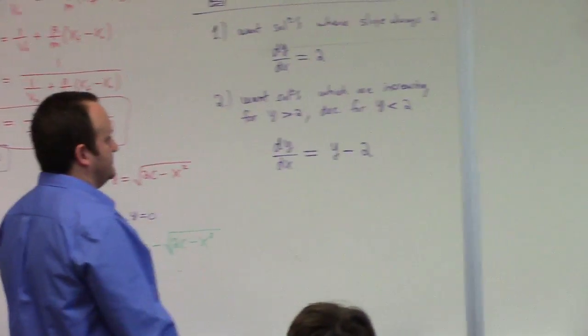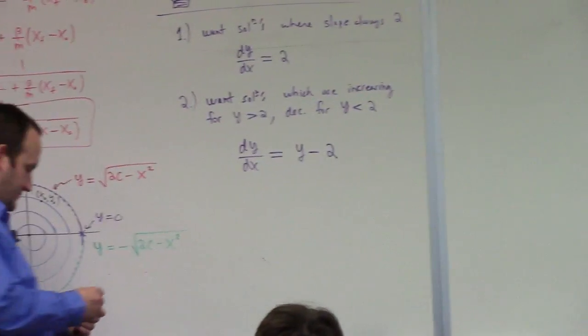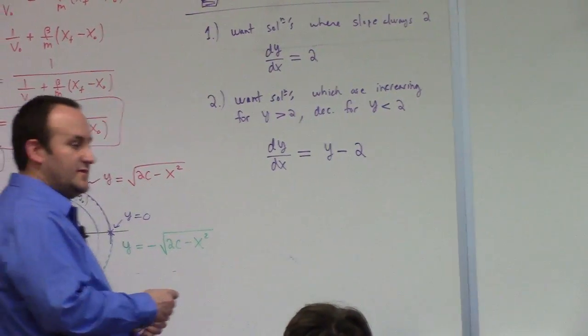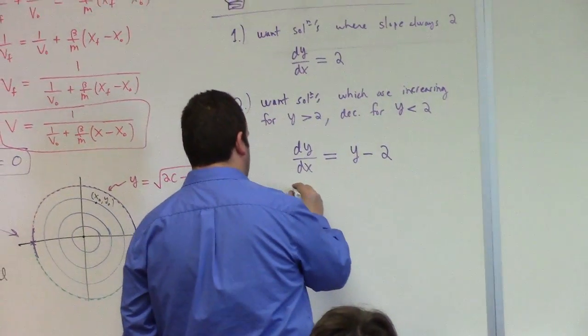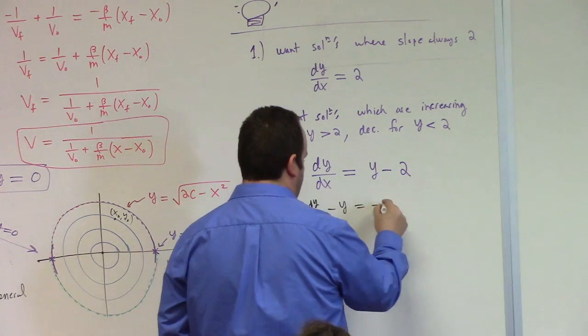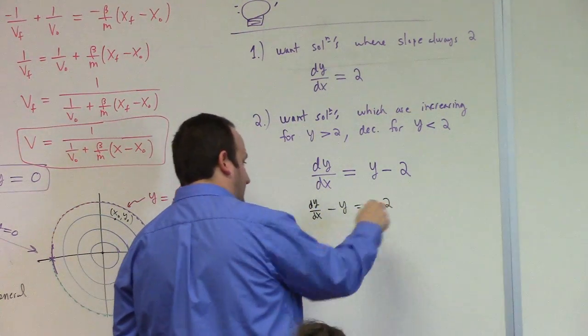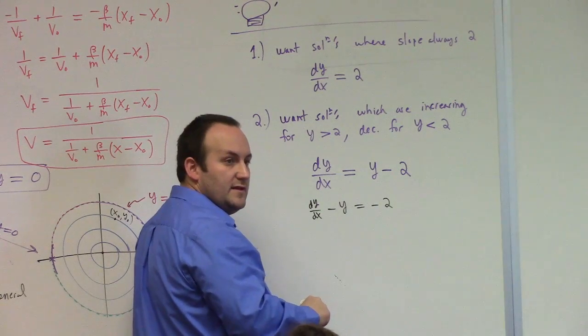Can we solve this? Oh yeah, we can solve this. This is dy/dx minus y is equal to minus 2, right? So this has an integrating factor of e to the minus x.